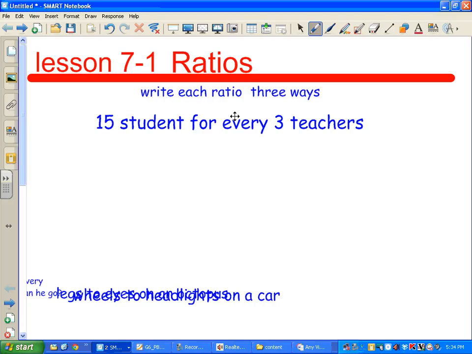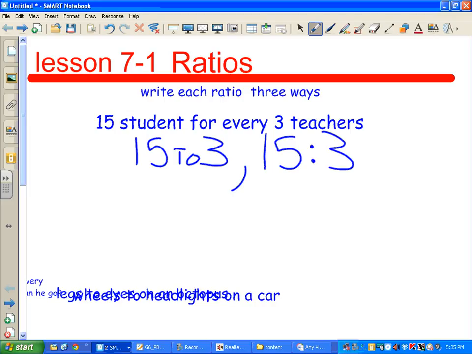I'll give you a minute. I can write it as 15 to 3 written out. I can write it as 15 colon 3, 15 to 3 ratio. Or I can write it as 15 over 3, as long as I understand that it is students over teachers.